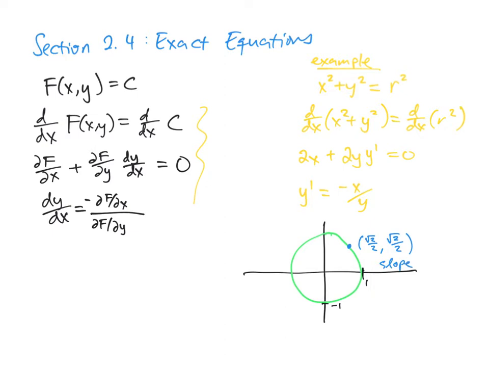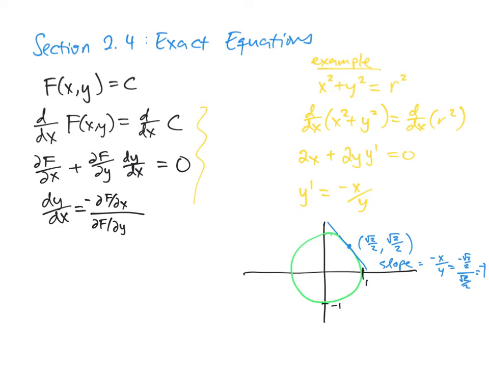The slope of the tangent line is -1 at that point, and we can plug it in: negative x over y equals negative rad 2 over 2 over rad 2 over 2 equals -1.